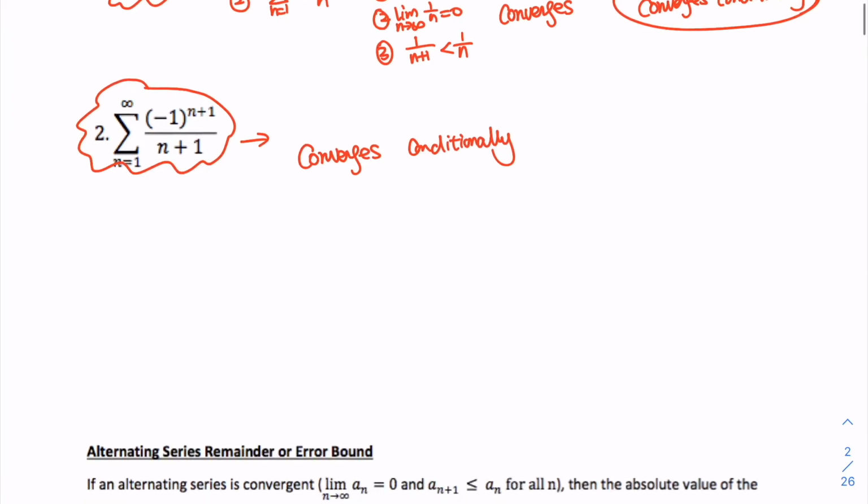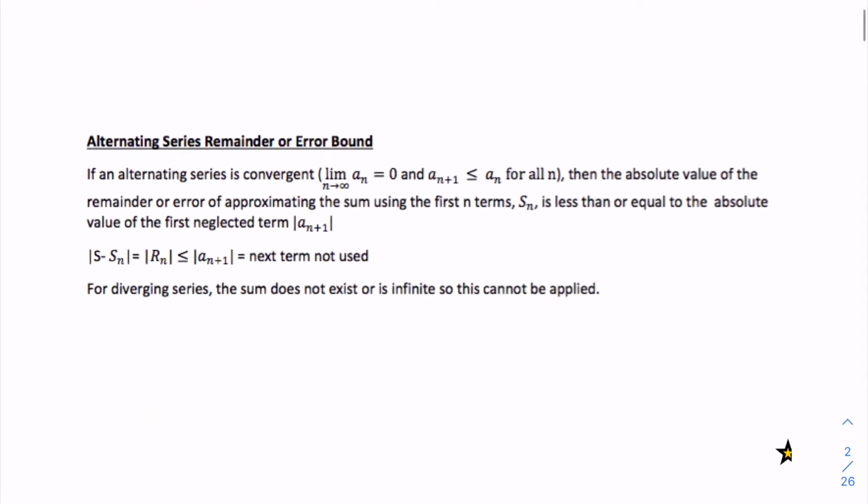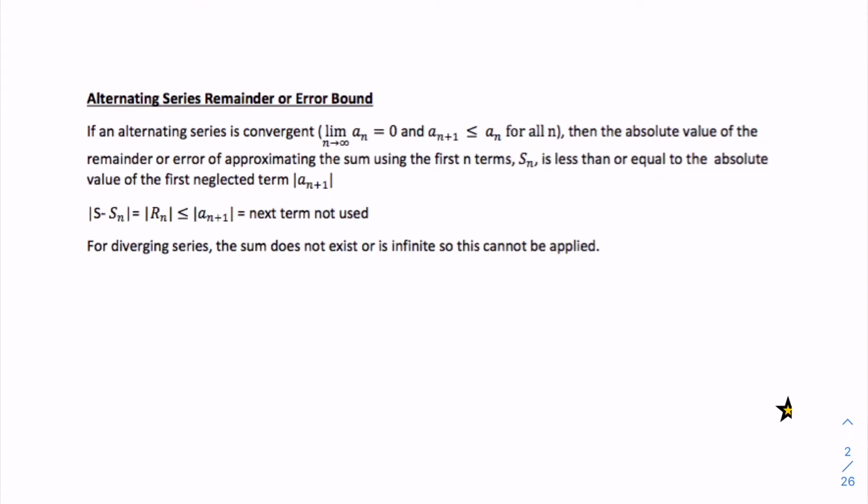In this case, when we approximate, there will be an error. So here is the alternating series error bound and the remainder theorem. Let's go over this together. The condition here: if an alternating series is convergent, you have to make sure it converges. Only when it converges can we approximate the sum.